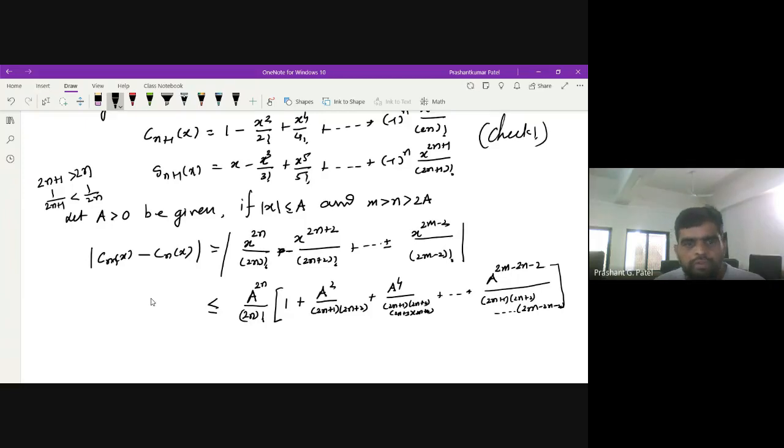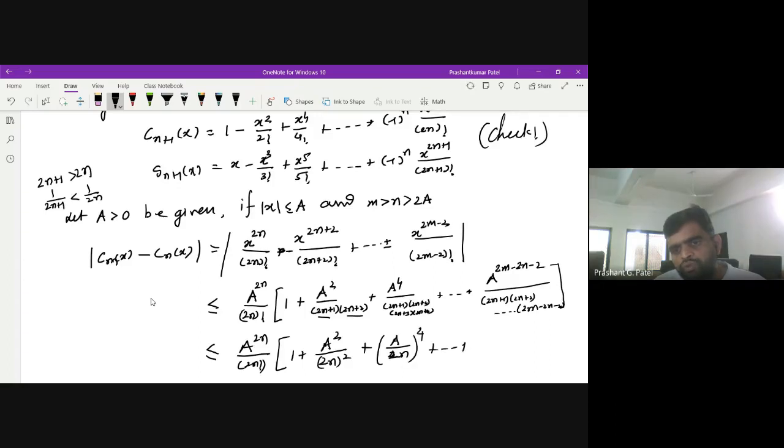Using that, and the same concept for 2n plus 2 also, I can say this is less than or equal to A power 2n upon 2n factorial into 1 plus A square upon 2n square, plus A power 4 upon 2n power 4 because there are 4 terms, up to so on. The last term is A upon 2n whole power 2m minus 2n minus 2. So this is what we got.